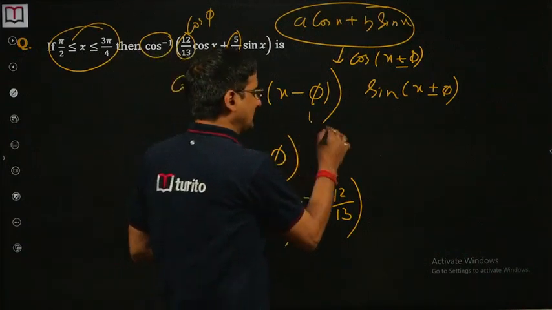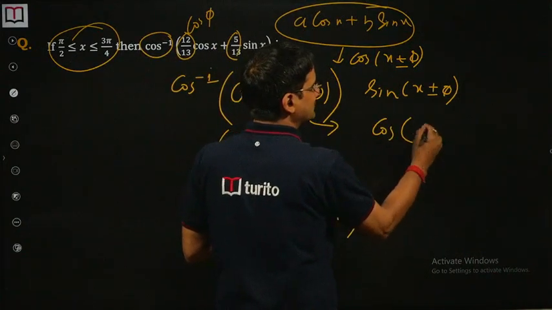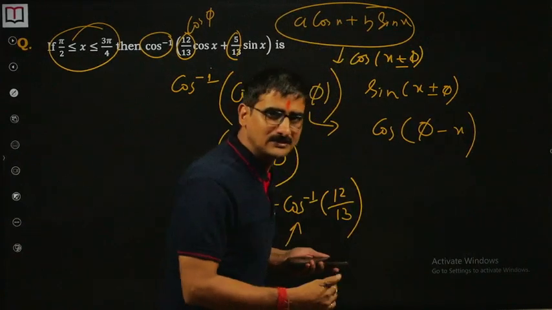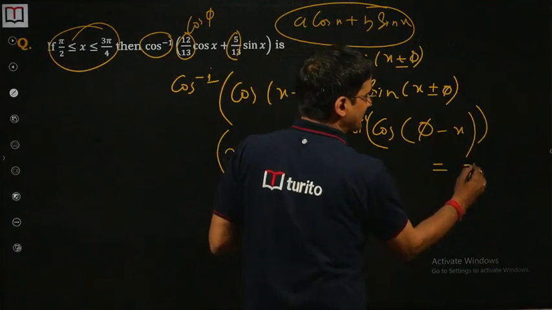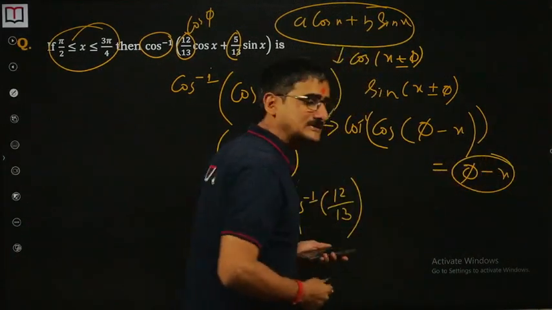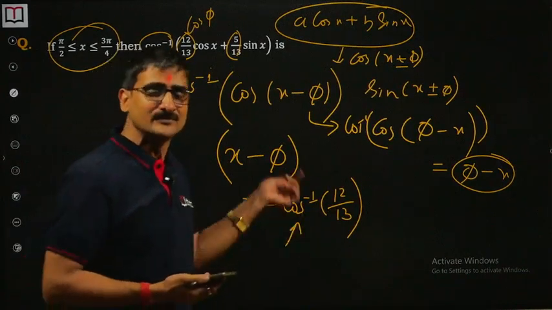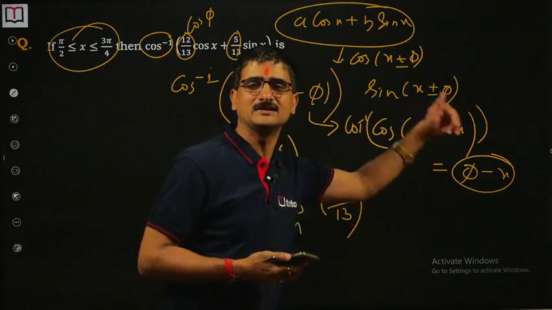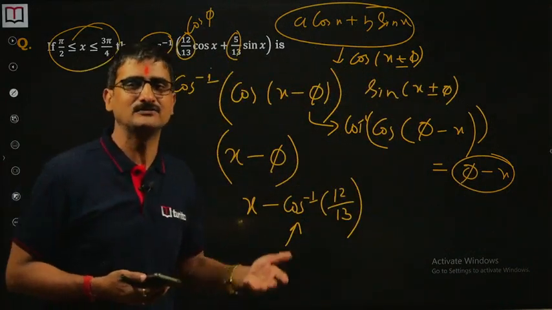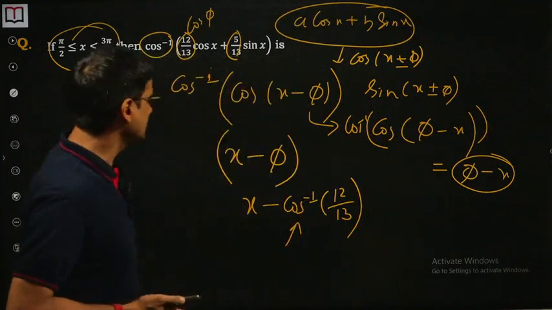If the other possibility had been there, you could have written cos(phi-x), and then you would have got phi minus x. But since phi is cos inverse 12 by 13, you would get a contradiction, because it would be negative and the range of cos inverse can't be negative, so we need to adjust it. So that should be the answer here.